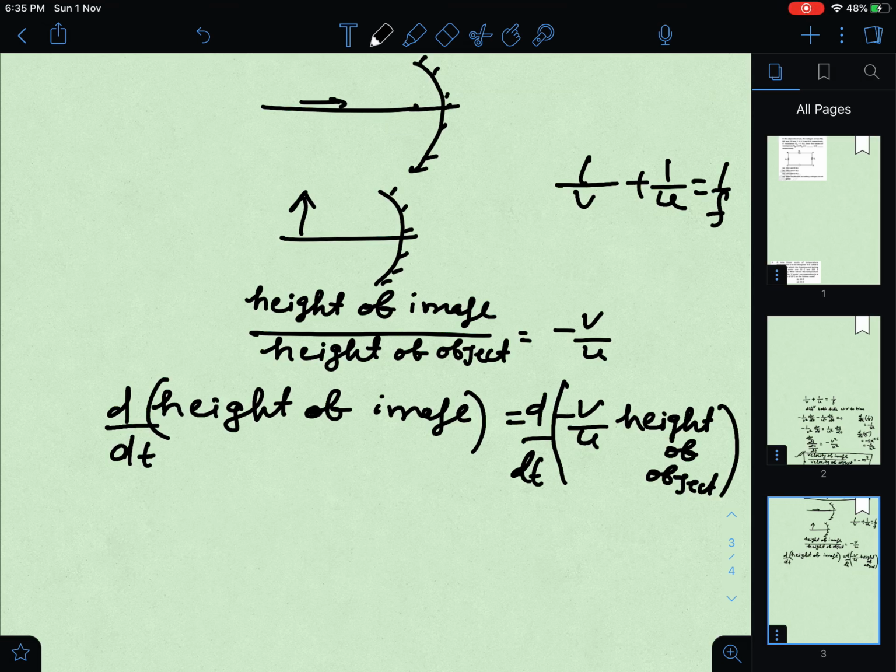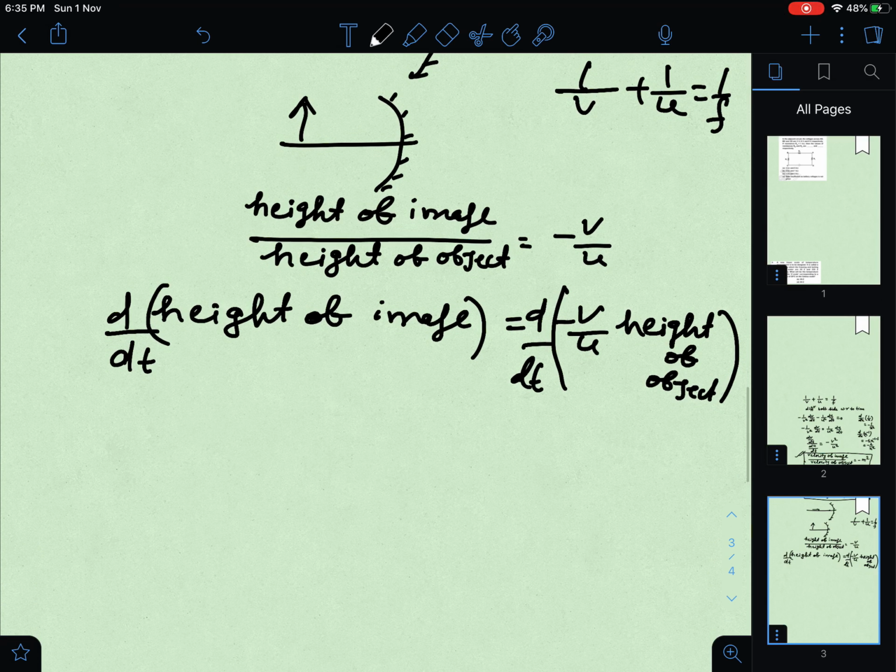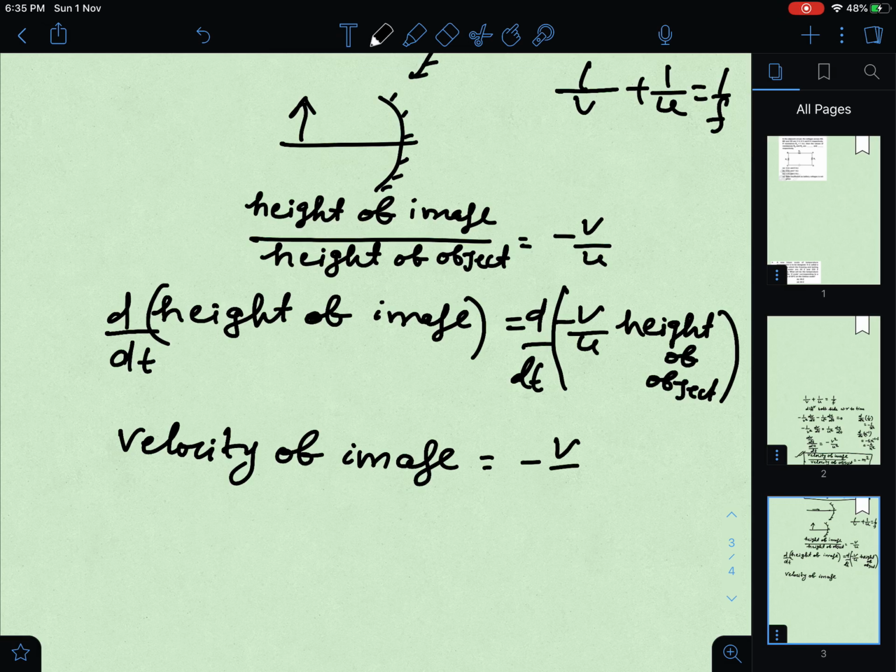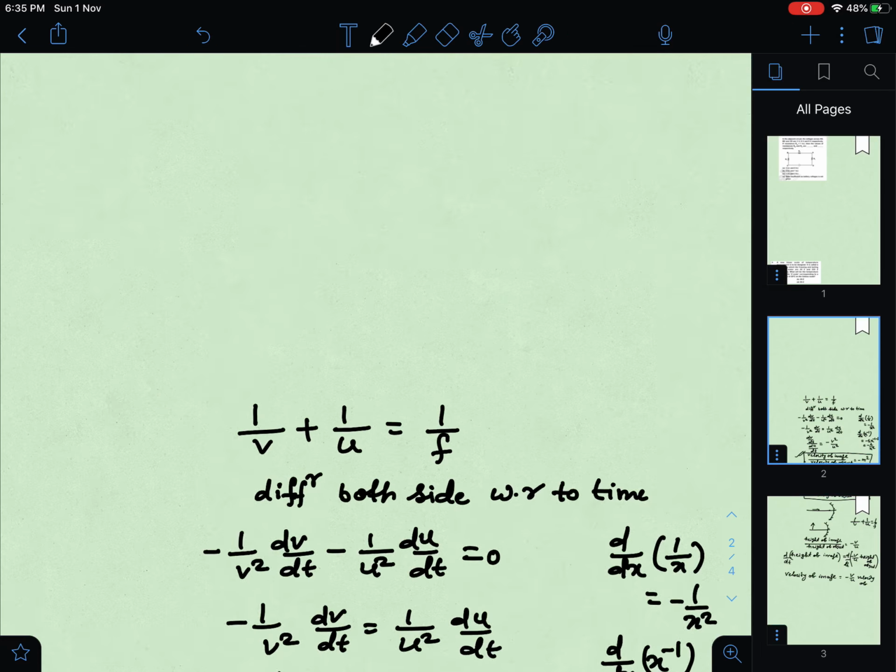Height of image divided by time becomes velocity of image, which is equal to minus v by u times height of object d by dt, which becomes velocity of object.